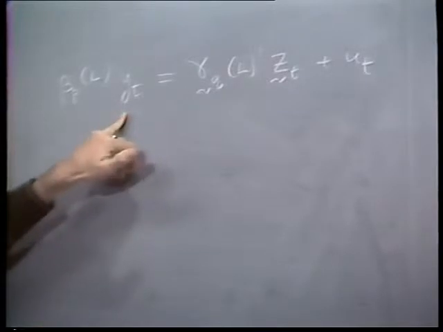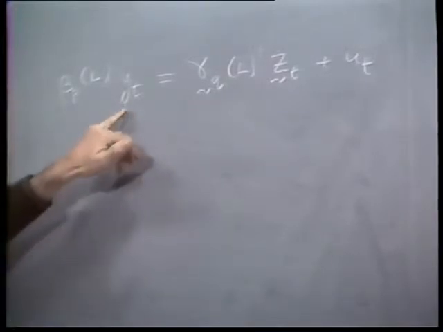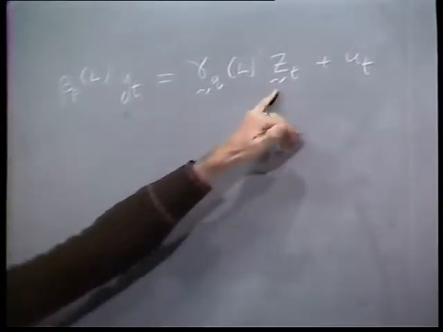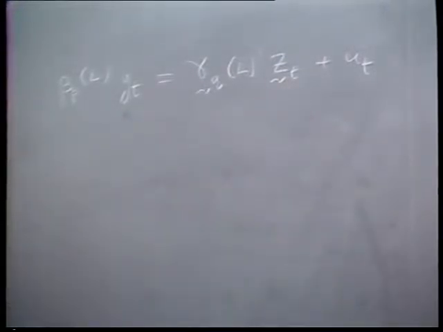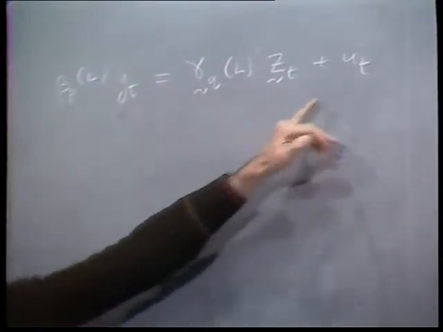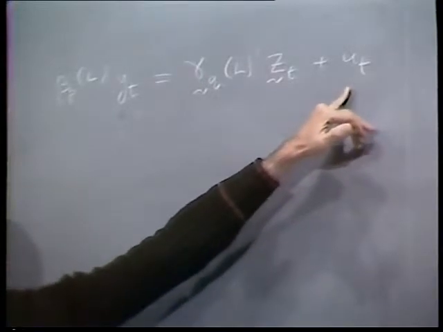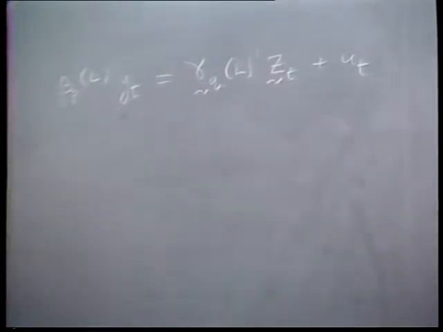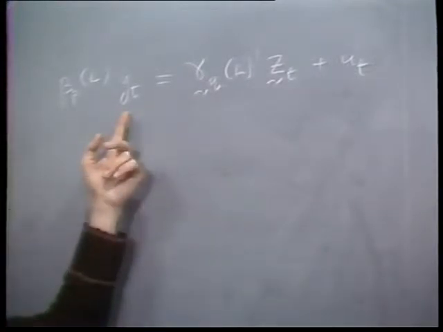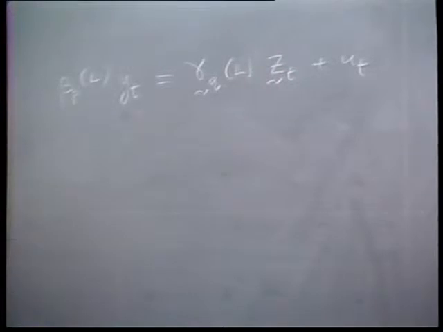And I'm using econometric notation here, so that yt is an endogenous variable. The vector zt is a vector of predetermined variables. So that can be strictly exogenous variables determined outside of this system, and in particular distributed independently of the error term ut, or lag values of endogenous variables, and in particular lag values of yt.